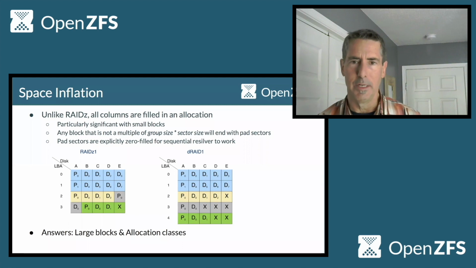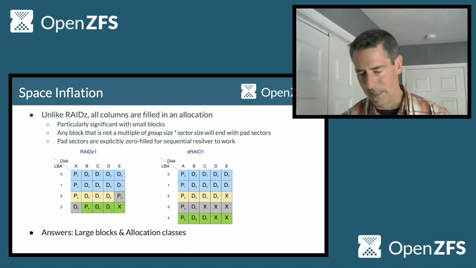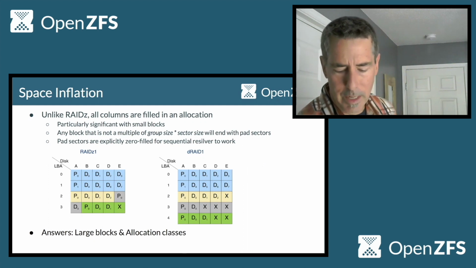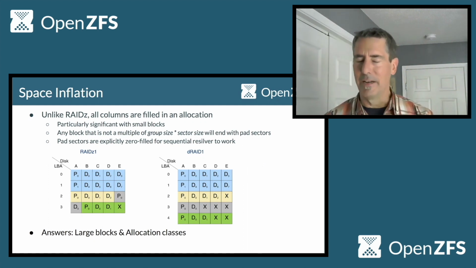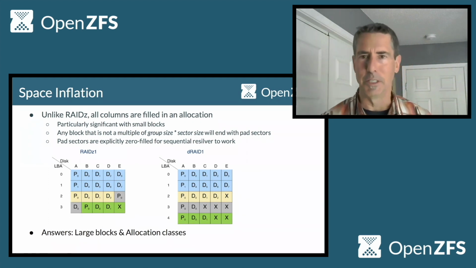But you're always going to have to be aware of these overheads. You're going to end up seeing situations where you may see your space being used up faster than you realize. So we're not stranding any space here, but we are inflating your allocation sizes. And so the way that manifests is going to be that it seems like my pool fills up much faster than I anticipated because I wrote out a whole bunch of small files.